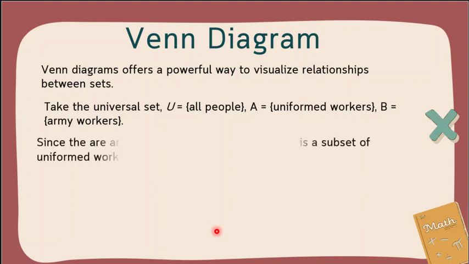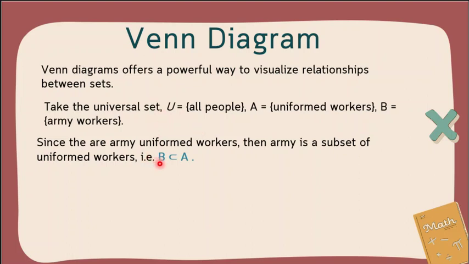You can see that army workers are people who wear uniform, so they are a subset of uniformed workers. So we can say B is a subset of A because army workers are part of people who wear uniform, or part of workers who wear uniform.